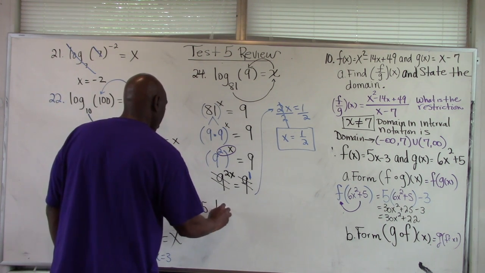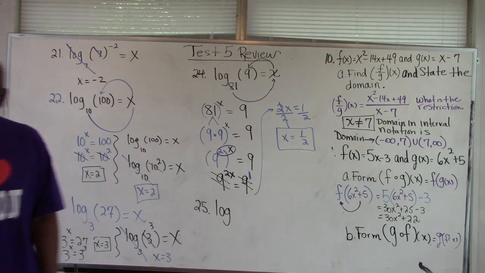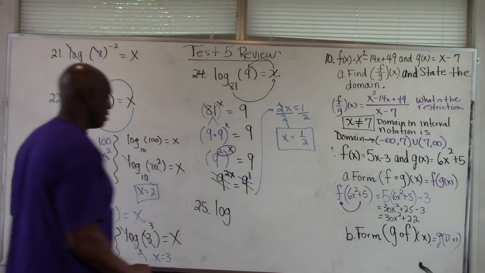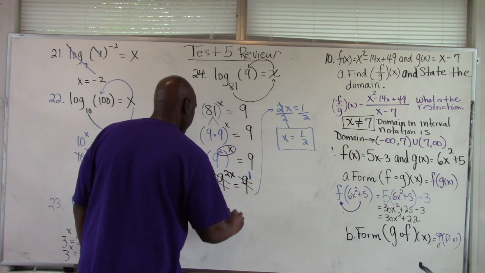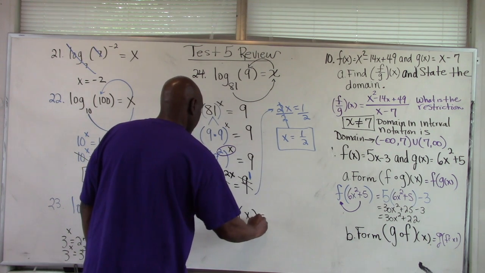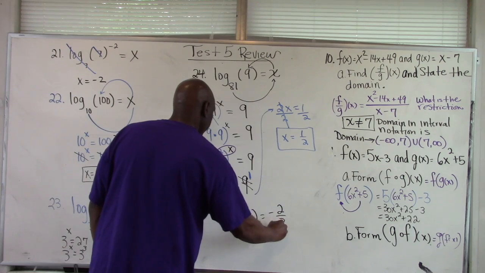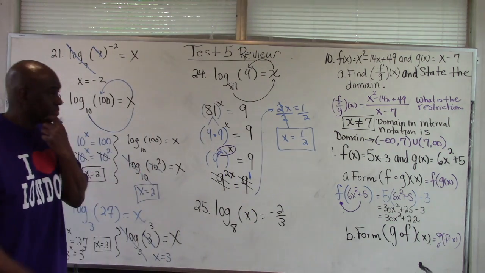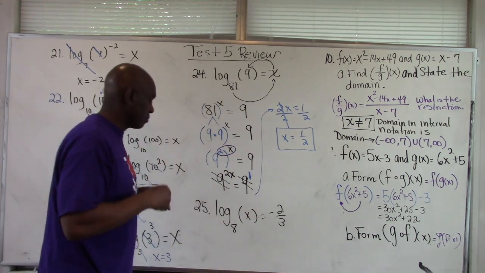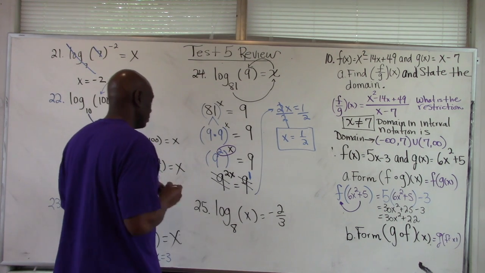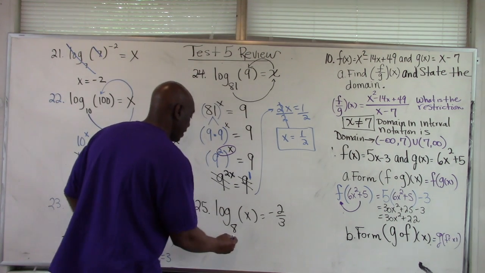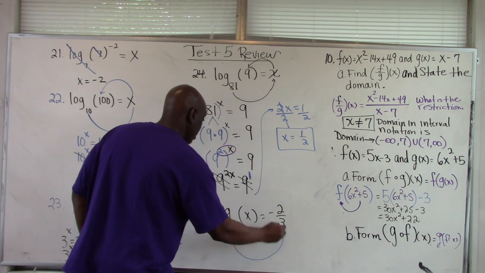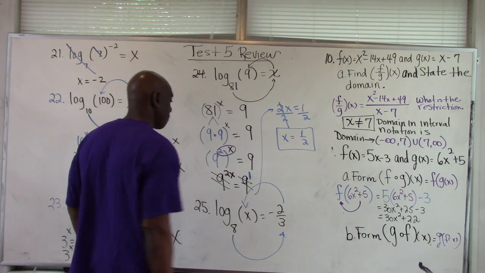Let's look at log base 8 of x equals negative 2/3. So we're going to have 8 to the power of this equals x.